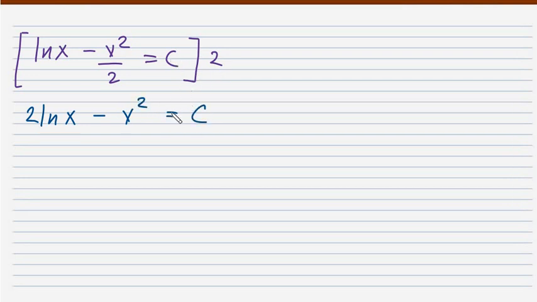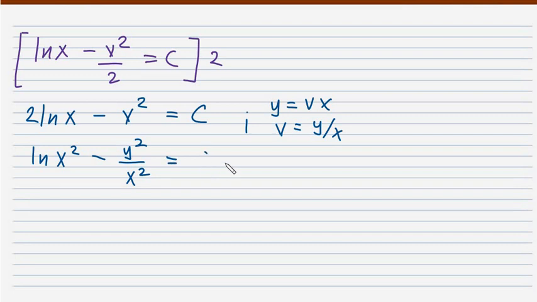So 2c is still c, and then let's substitute v. Since we have used y equals vx again, therefore v is equal to y over x. So minus y squared over x squared is equal to c. That will now be our final answer.